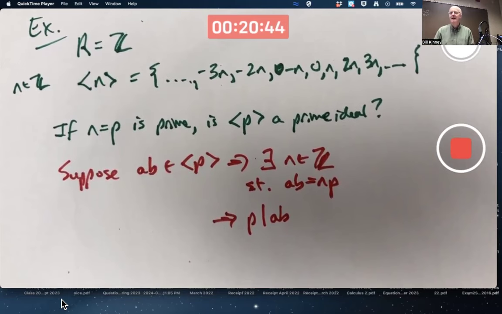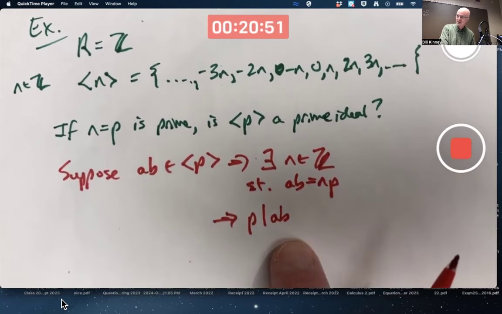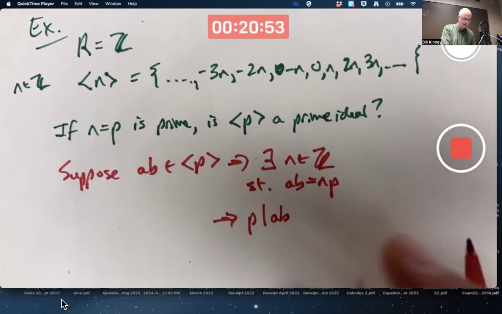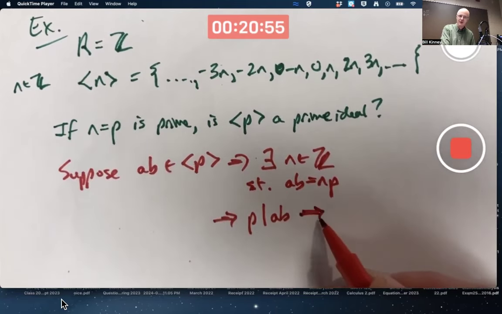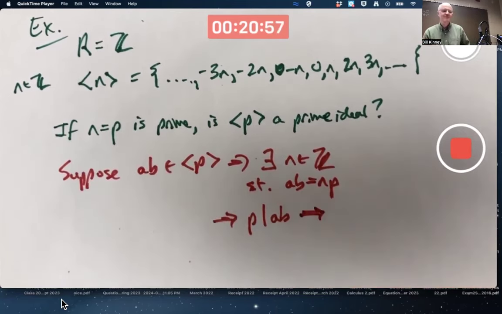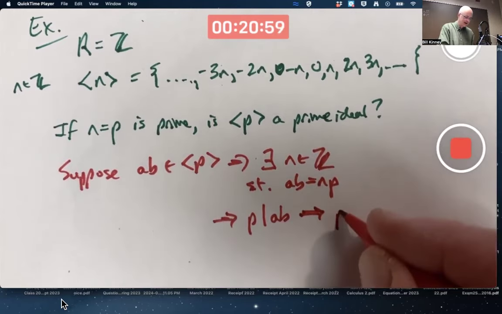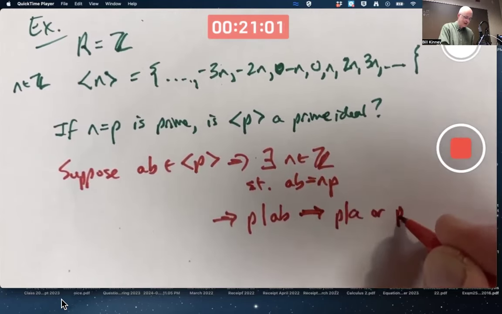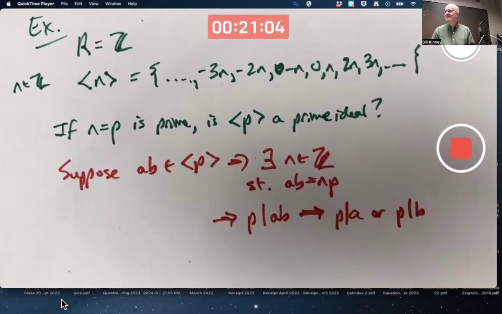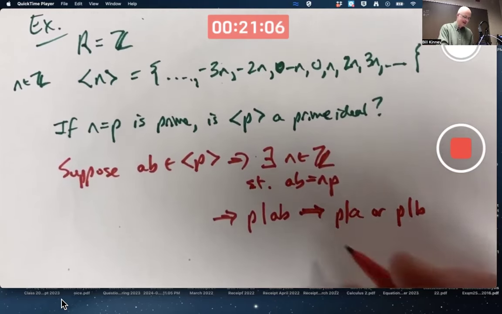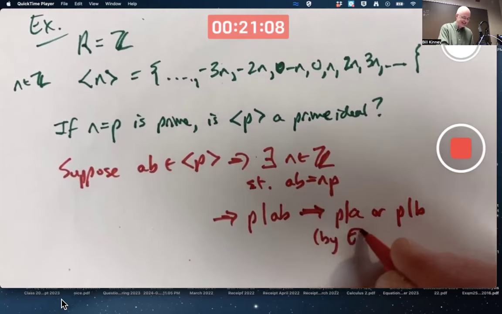It even had a name after an ancient Greek dude for what happens when you got a prime dividing a product. What can you conclude? Remember? Yeah, it divides either A or B. What's the ancient Greek dude's name? Euclid. Yeah, Euclid's lemma. You got it right.